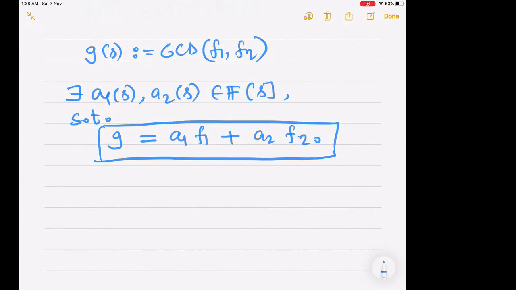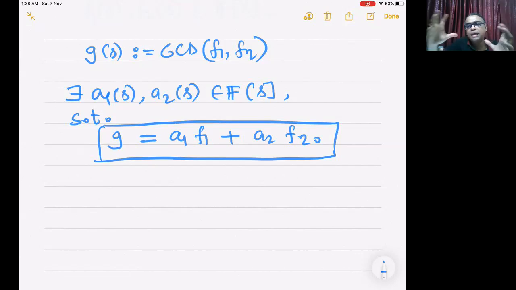So in that scenario, we'll be able to find polynomials a1 and a2 such that 1 is equal to a1 f1 plus a2 f2, and we'll see that this identity is such a strong tool, with the help of which we'll be able to decompose the whole space into these smaller A-invariant subspaces. So just brush up your memory and try to find an argument which supports this Aryabhatta-Bezout identity.